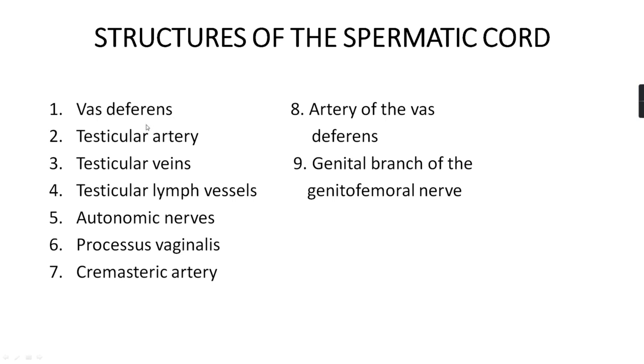They are the vas deferens, or you can say the ductus deferens, testicular artery, testicular vein, testicular lymph vessels, the autonomic nerves, processus vaginalis, cremaster artery, artery of the vas deferens, and genital branch of the genitofemoral nerve. These are very important structures. You have to remember which structures are in the spermatic cord.